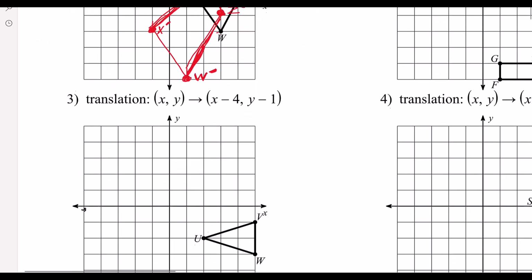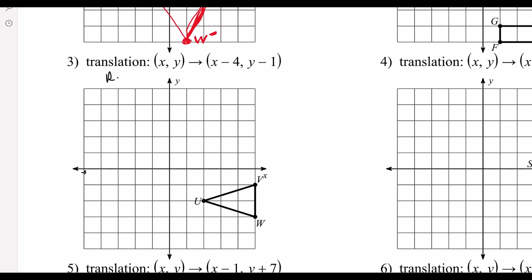Okay. The next way is when you have a rule. And the rule says, here's our given X and Y. We're going to be going left. A subtract means left 4, and a subtract means down 1.